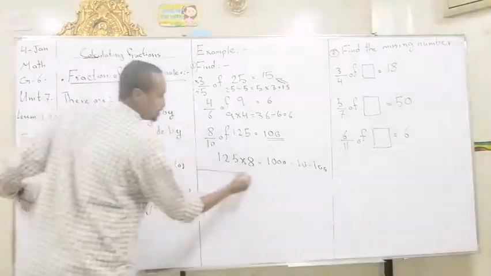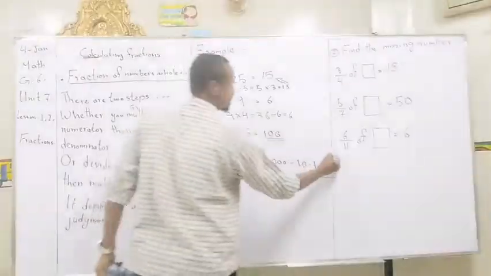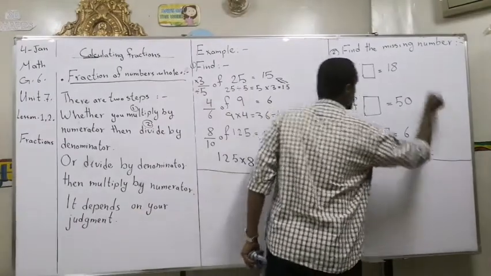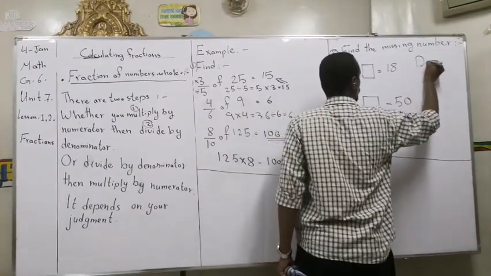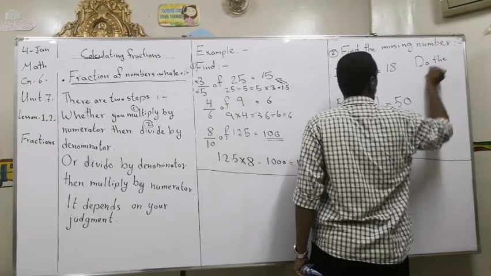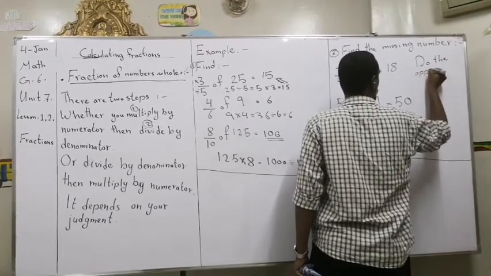So when we have the missing number like this, we do what? Remember, do the opposite.